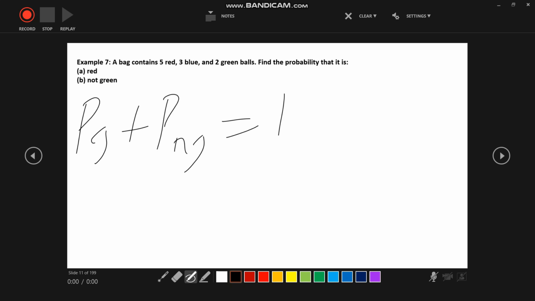We are interested in finding the probability of not green. So the probability of not green will be equal to 1 minus probability of green.